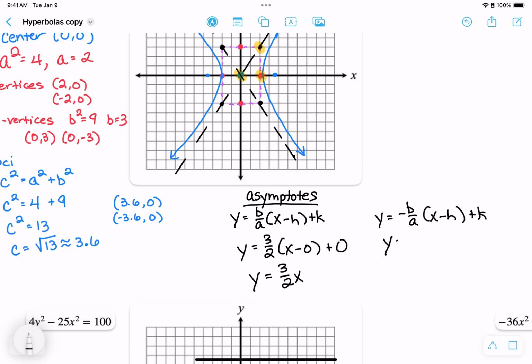And the other one will be exactly the same, only negative. Negative 3 halves x minus 0 plus 0, which is just negative 3 halves x. And there are two asymptotes. So if somebody said, listen, I don't care about the graph, I just want to know what the equations for the asymptotes are, that's how you find them.